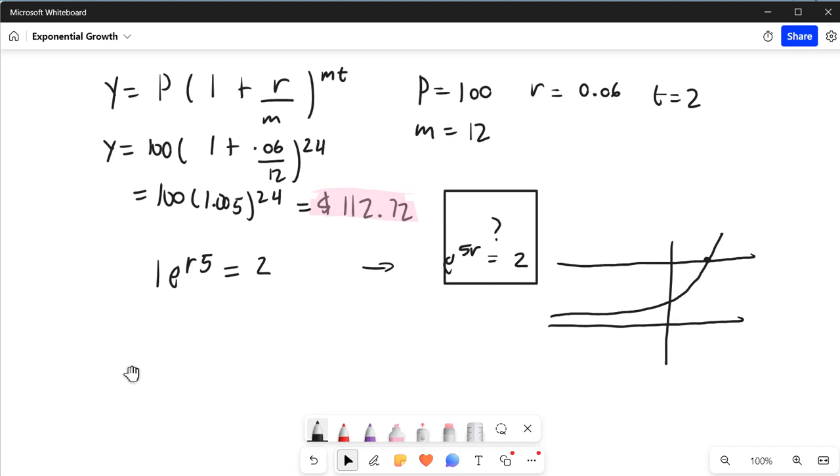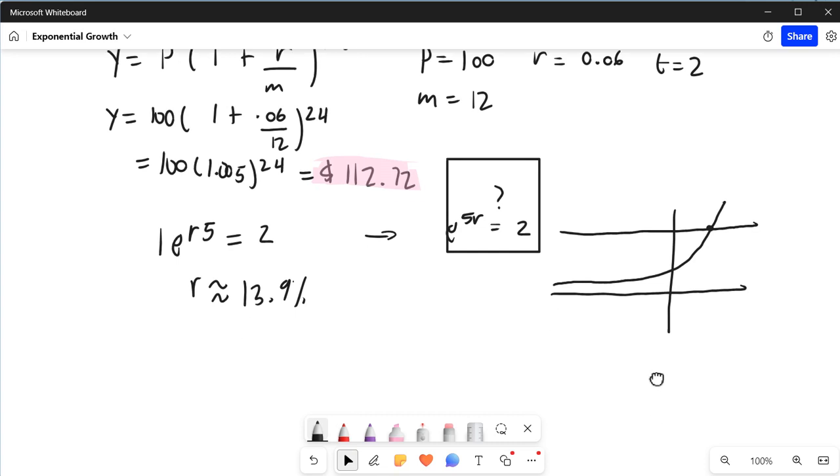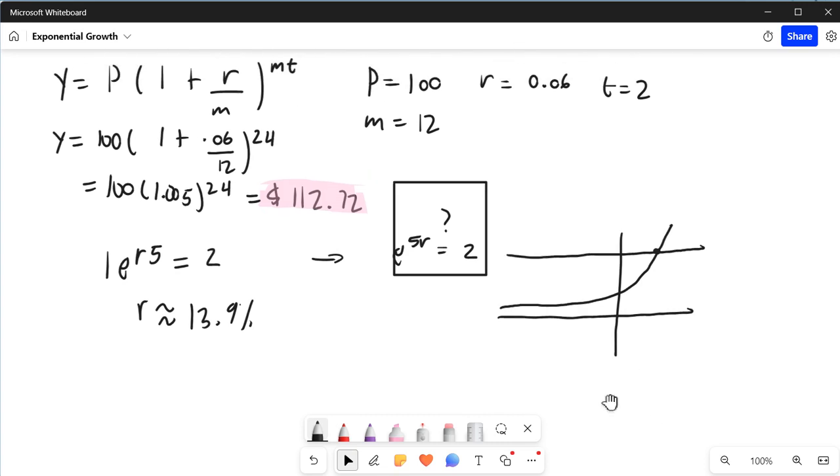Okay, so we have here that r is approximately 13.9%.